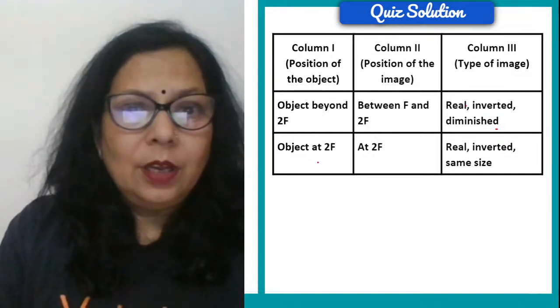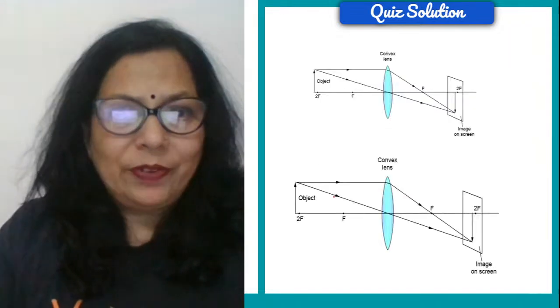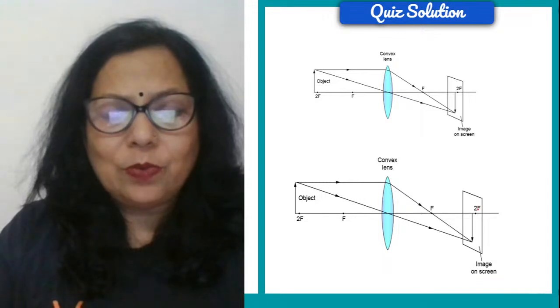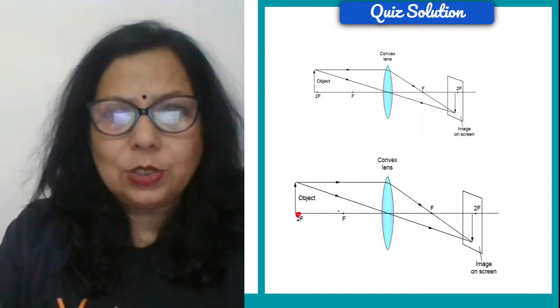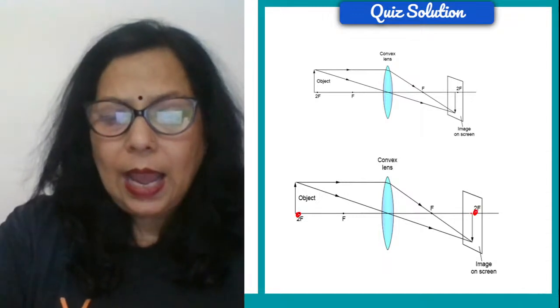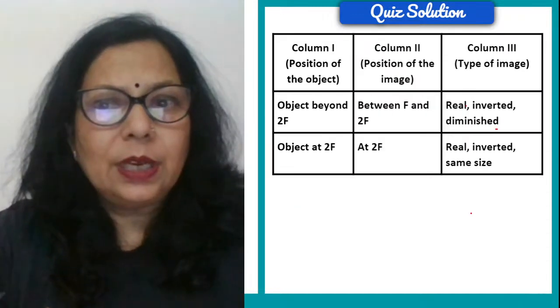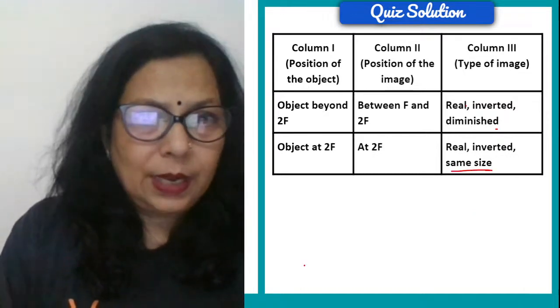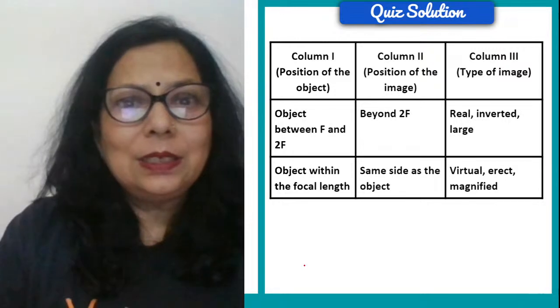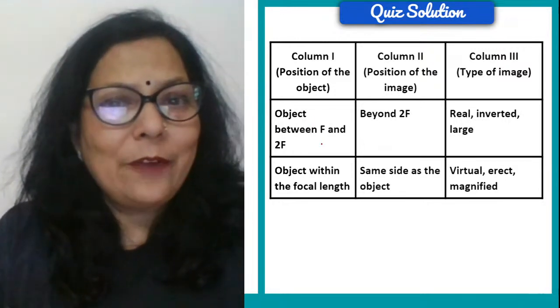When the object is at 2F, just like the center of curvature, the image will be formed at 2F. And what will be the characteristics? Real, inverted, same size, जैसे center of curvature पर बनती है. Right. Now the next case is object between F and 2F.